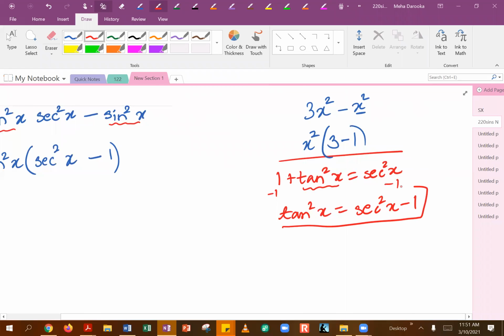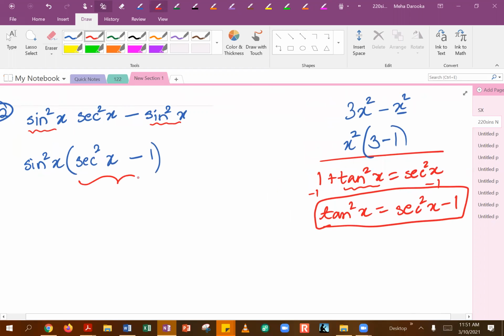So you can see we can rewrite this. And now I have secant squared of x minus 1, which I can rewrite as tangent squared of x. And, of course, we still have that sine squared of x from the top over there.